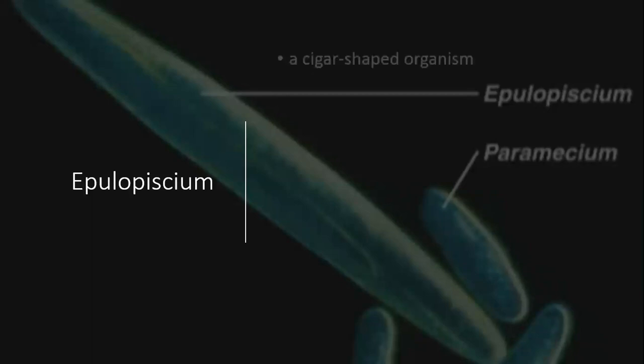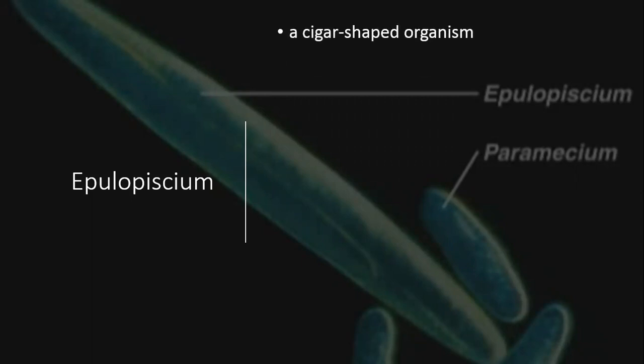Then we have Epulopiscium, and we discussed this organism when we were discussing size. As you can see, Epulopiscium belongs to this group. It is a gram-positive organism, and there is a size comparison of Paramecium with Epulopiscium.